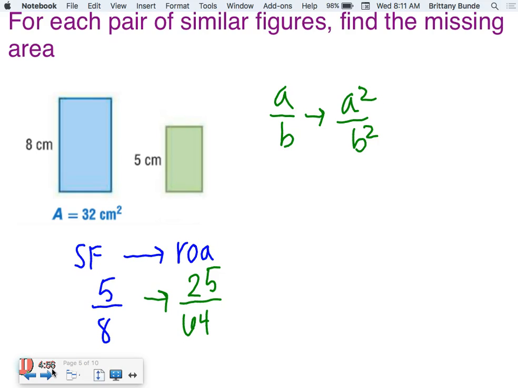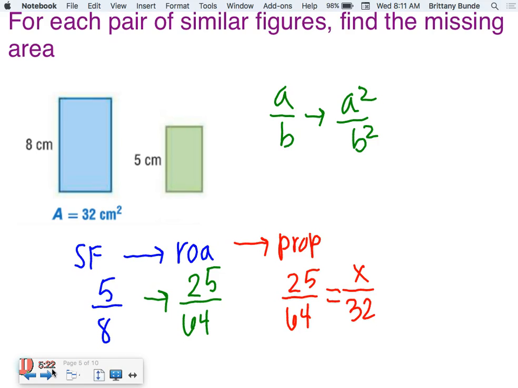And then from here, you're going to write a proportion and solve. So I'm going to write 25 over 64 equals, do we know the area of the small rectangle? No. X over 32.